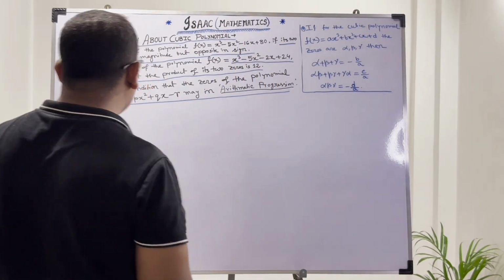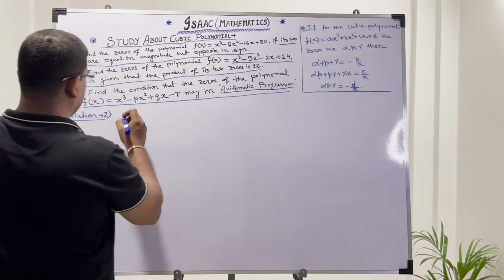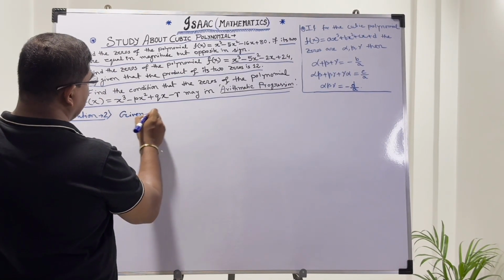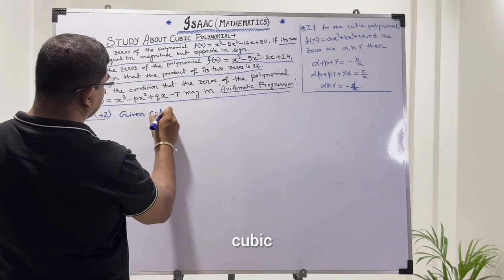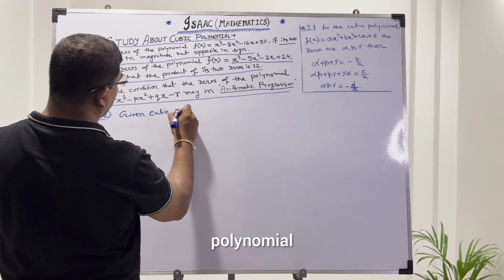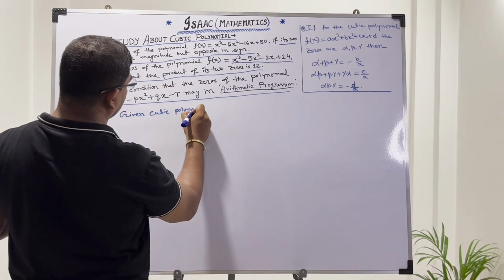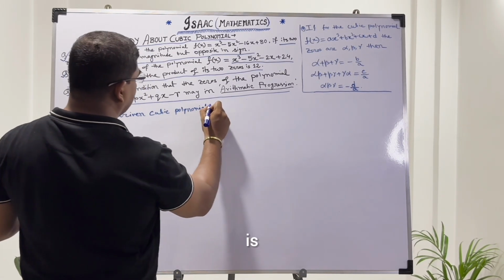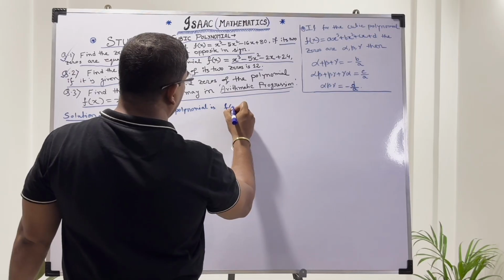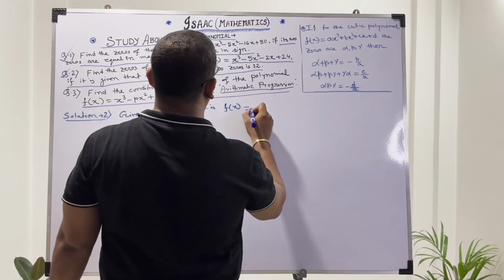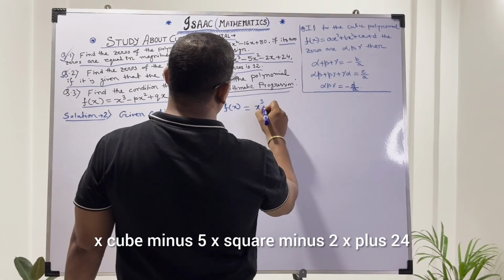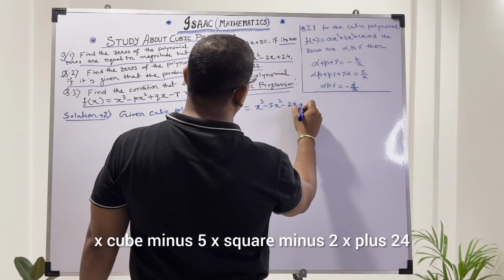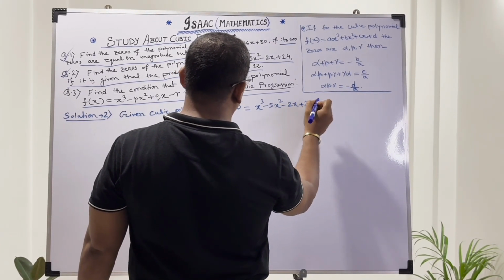Okay. So as previous, solution 2, the given cubic polynomial is f of x equals x cube minus 5x square minus 2x plus 24.